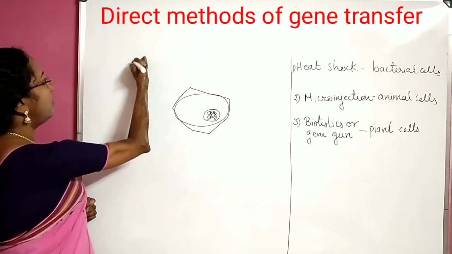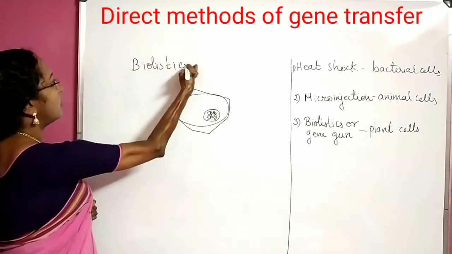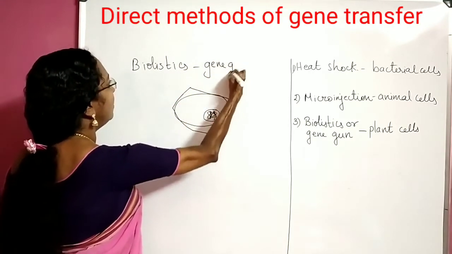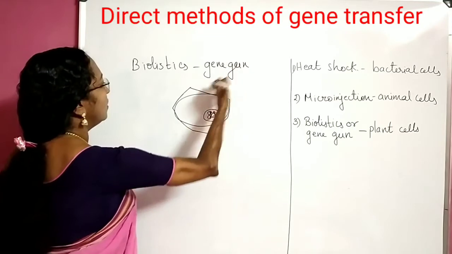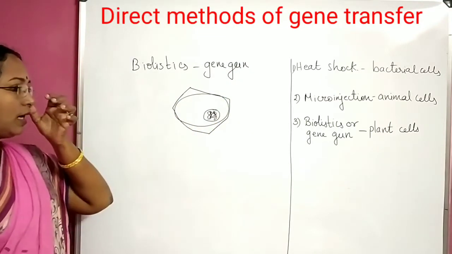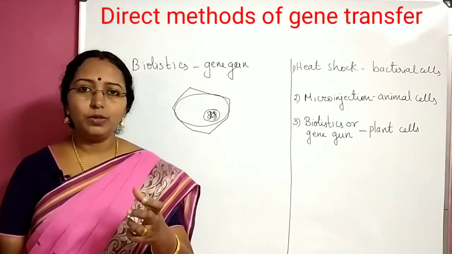This method is called biolistics, wherein you use a gene gun to introduce the foreign gene into the plant cell. So this gene gun, like every gun, will have a bullet.